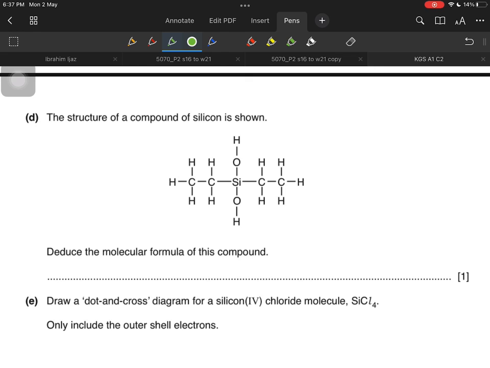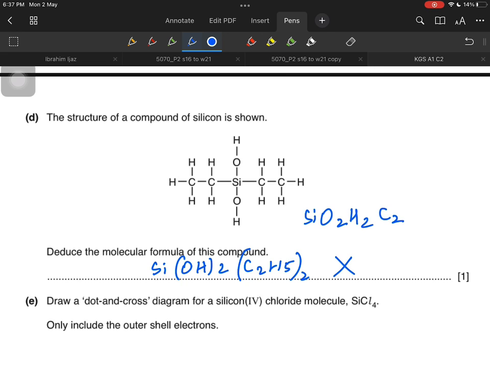For example, people write it like this, Si, then OH2, then C2H5 twice. That is wrong. If you write it like this, or for example, write C4H10, that is also wrong.